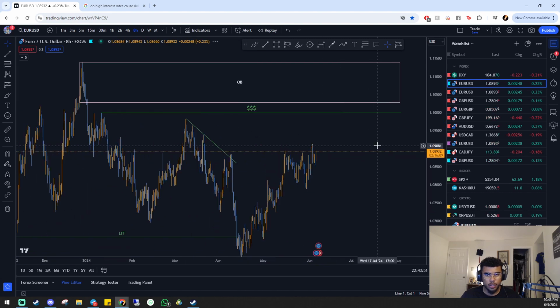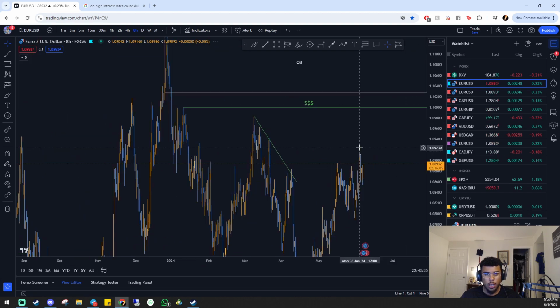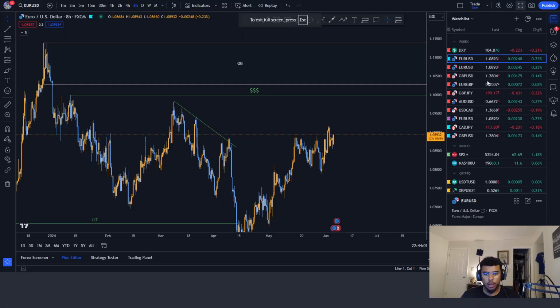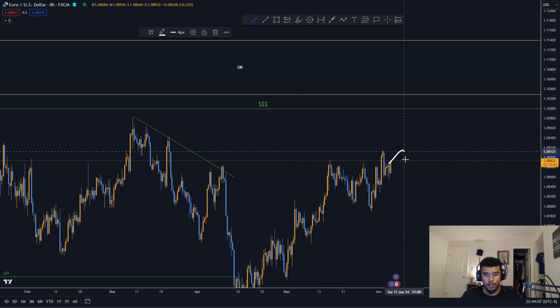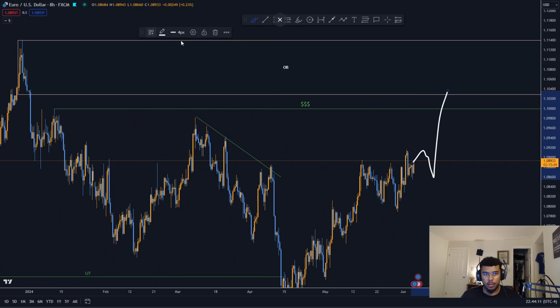This is definitely something you guys want to keep an eye out for in the foreseeable future. Very, very much so. When the fundamentals line up with the technicals, that's when you start getting a very, very good opportunity to enter some trades. So I wouldn't be surprised if we see something like that. And this is on an 8-hour time frame.